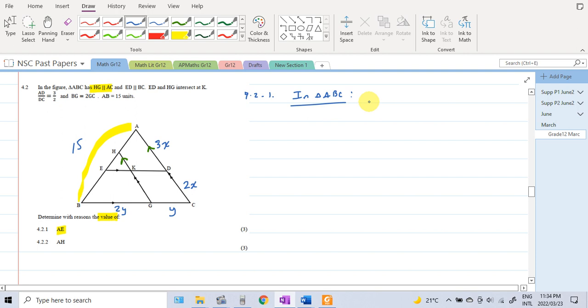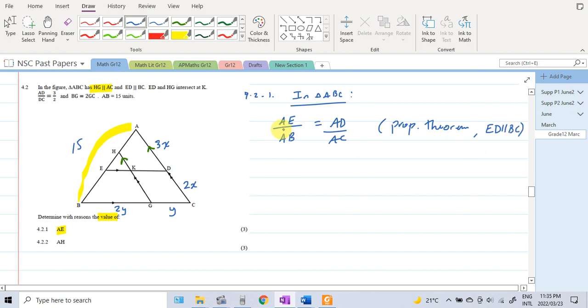So I can say AE over AB is equal to AD over AC. The reason here is the proportionality theorem, because ED is parallel to BC.